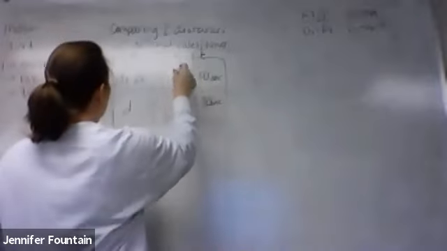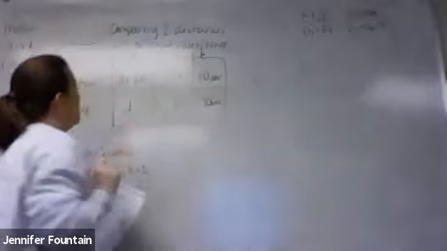So if this is R and this is 8R. Now, what do you notice that I've got going on here? I've got 2 variables. I've got a problem here. I've got to figure out how to relate these. How can I do that?